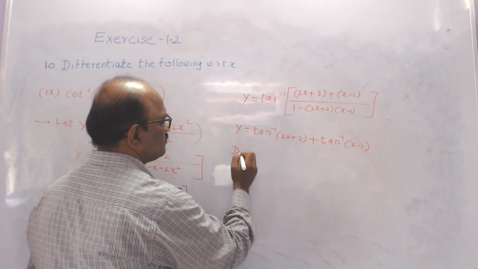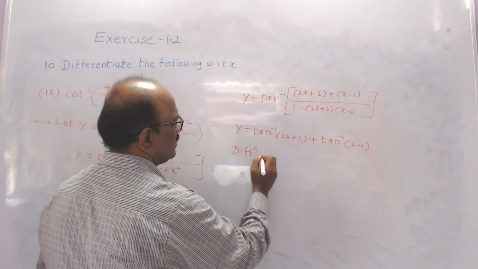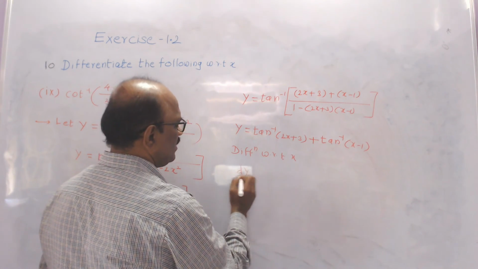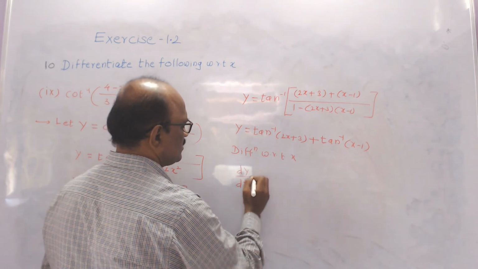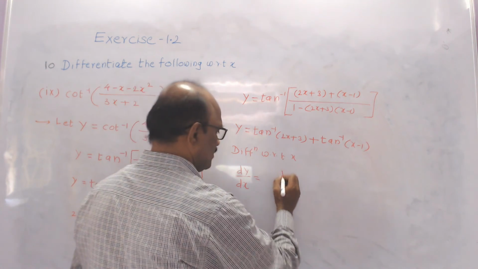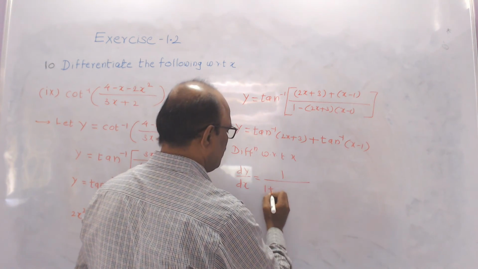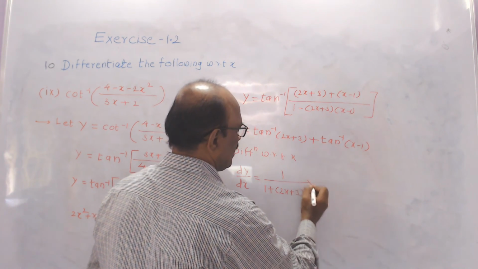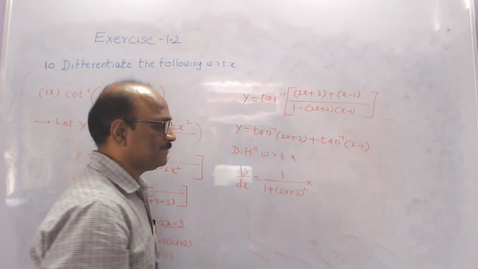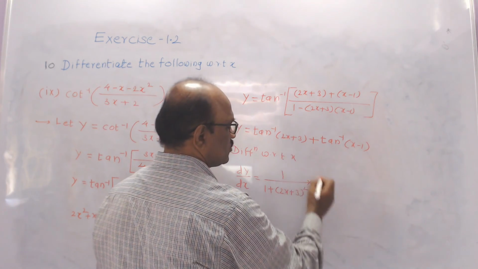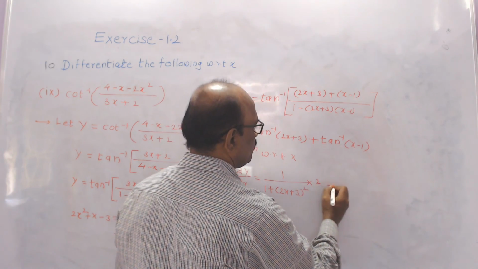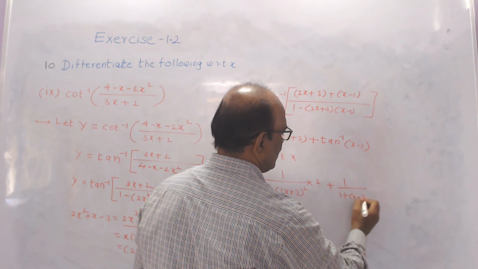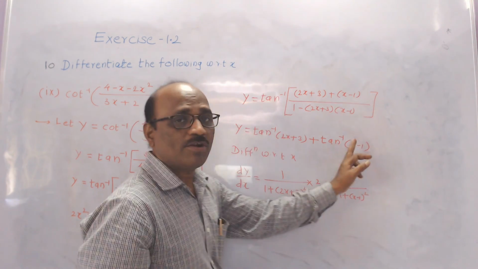Now differentiate this with respect to x, and therefore dy by dx equals 1 upon 1 plus (2x plus 3) bracket square into the derivative of 2x plus 3. The derivative of 2x is 2 and of 3 is 0. Therefore 2, plus 1 upon 1 plus (x minus 1) bracket square into the derivative of x minus 1.